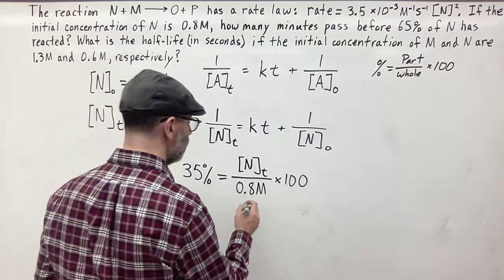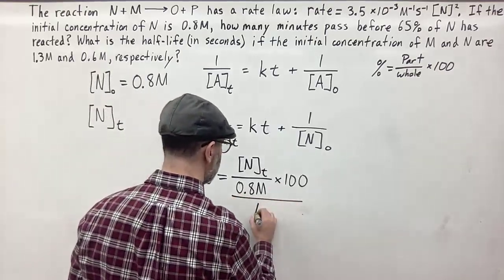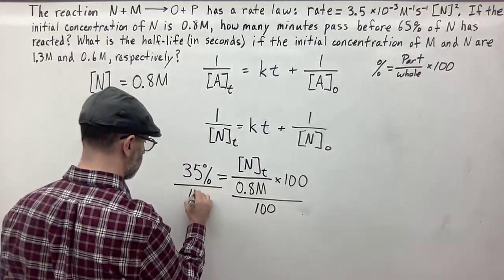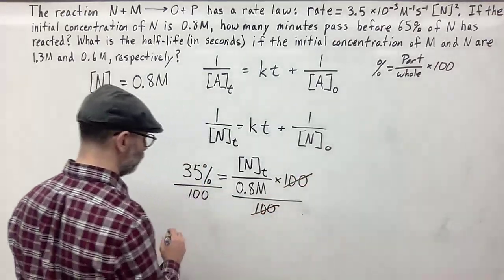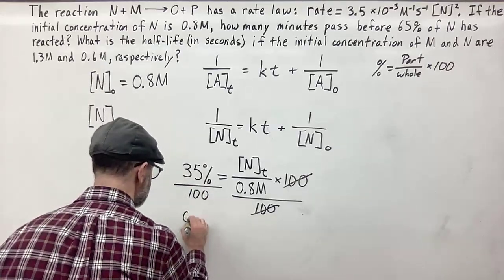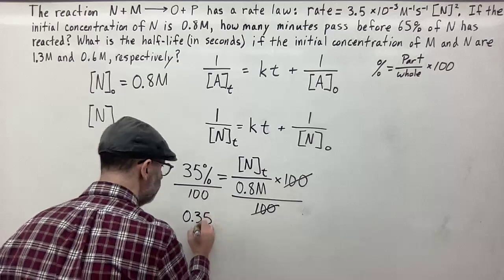To do that, since we are multiplying by 100, we want to divide both sides by 100, like so. So that cancels out. And then 35 divided by 100 is going to be 0.35.